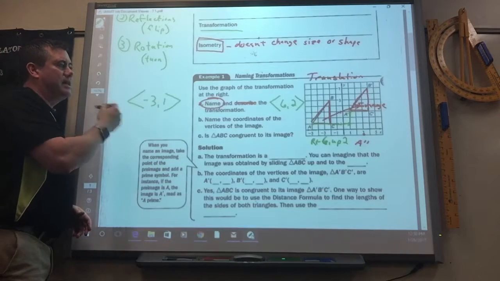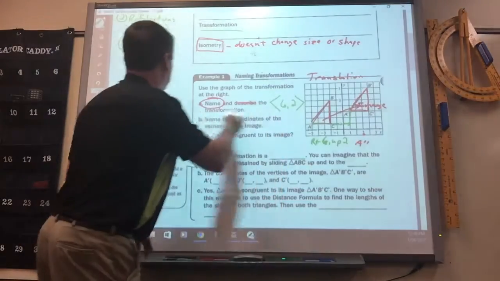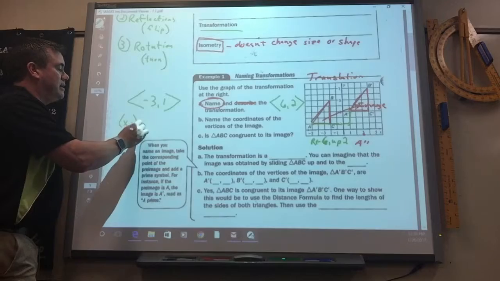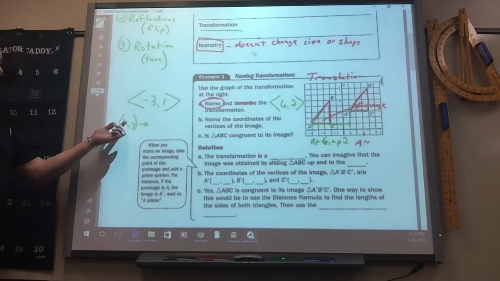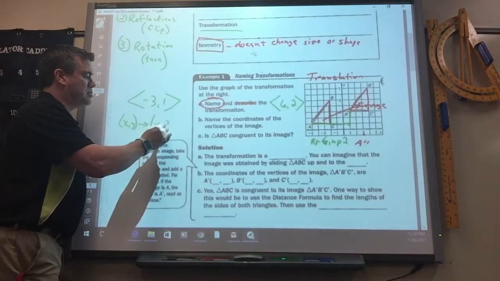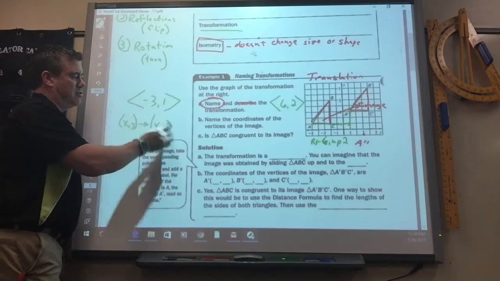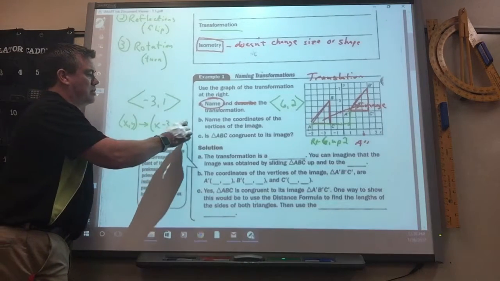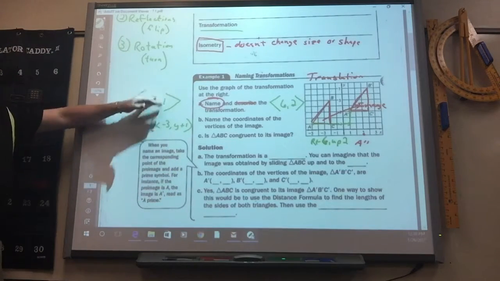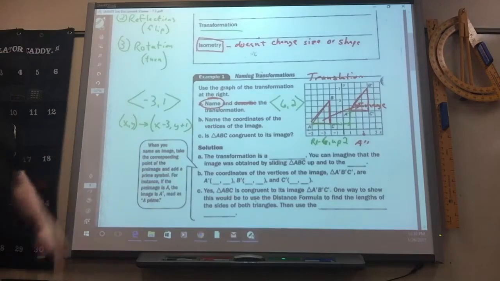The long way that they write this is they put X, Y, and then an arrow. That just means move every X and every Y. X minus 3 means left 3, and Y plus 1. These are the two ways to write translations, the easy way, the harder way. But they mean the same thing.